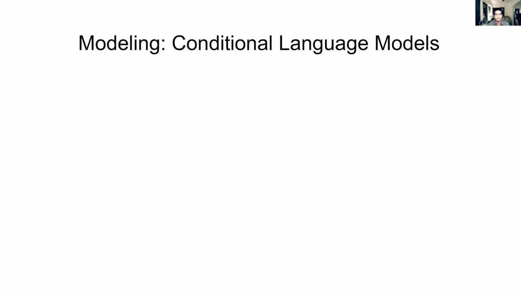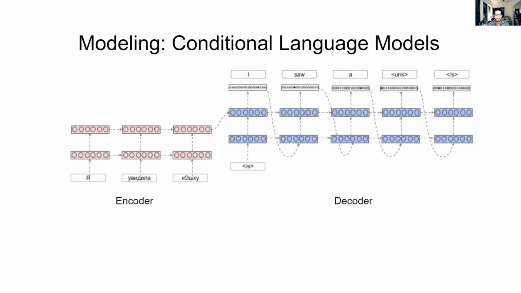So these conditional text generation tasks are modeled using conditional language models, where you usually have an encoder and a decoder. You encode your input, whether it be text or image or speech, using this encoder architecture and generate a hidden representation. This is passed on to a decoder network, which generates the output text one token at a time in a recurrent manner. These decoder architectures could be RNNs, could be transformers, could be CNNs.